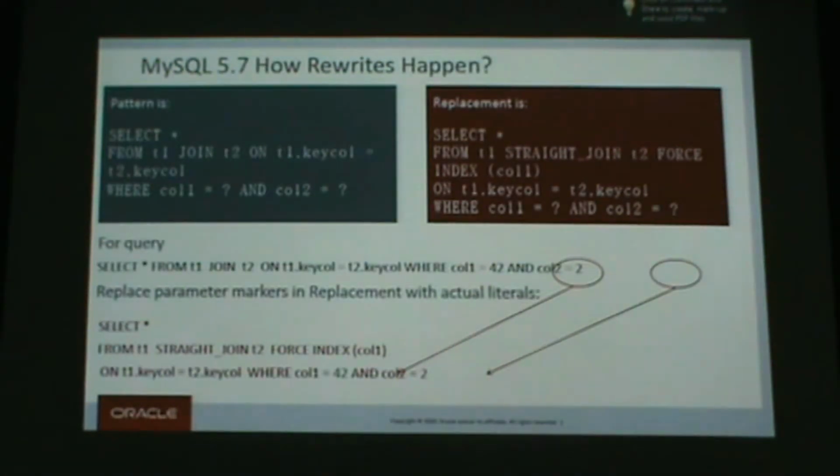Sorry for the format, I had some formatting issues. An example here is you use force index and introduce a straight join between T1 and T2, and you tell the plugin that for a query which is so and so, select star from T1, you replace it with this pattern.